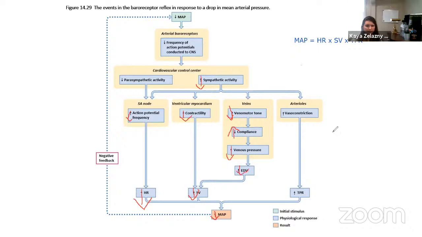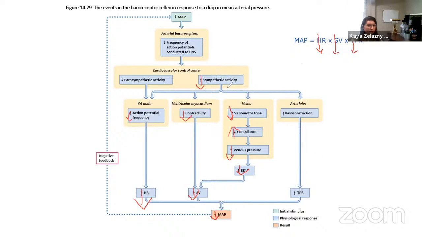And finally, we are also affecting TPR. We've decreased heart rate, we've decreased stroke volume, and conveniently, we're also decreasing TPR. Remember, sympathetic activity gives off norepinephrine, binding to alpha receptors, causing vasoconstriction of the arterioles, therefore increasing TPR.